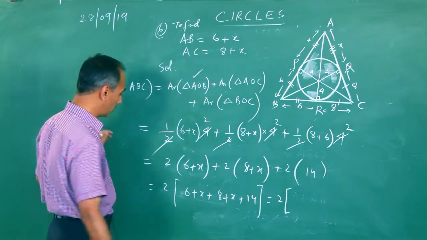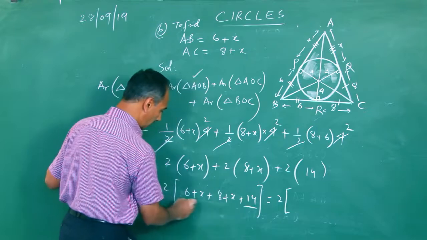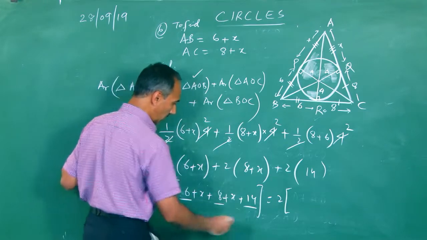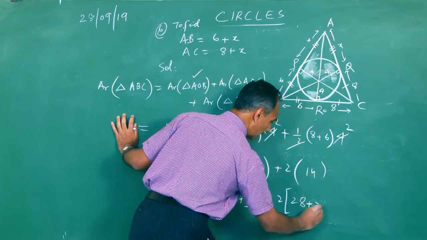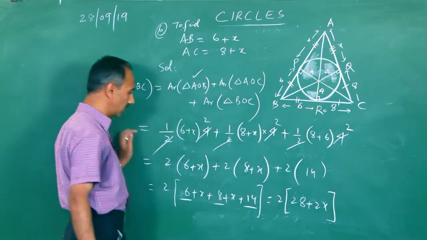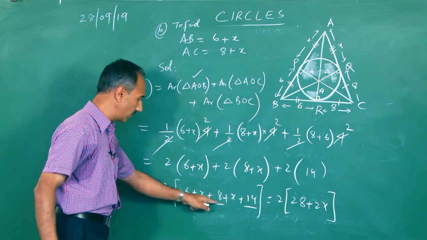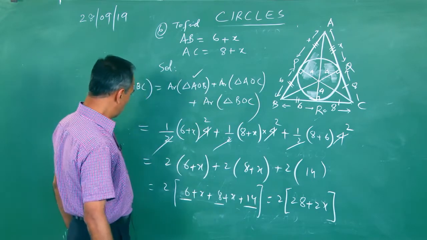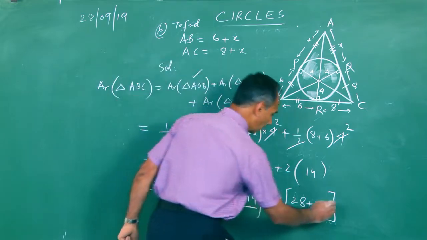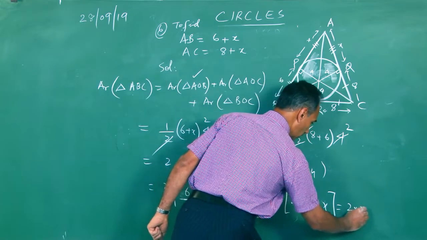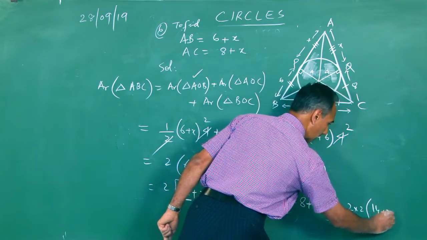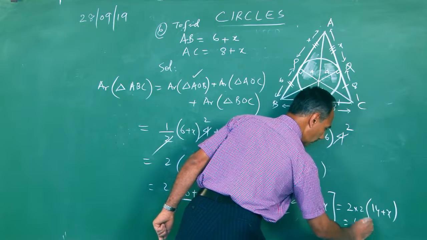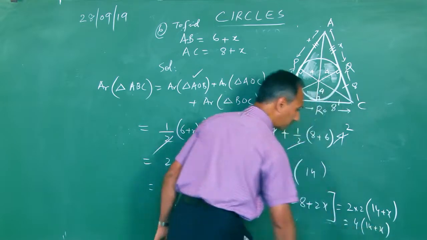This is going to be cancelled to save time. 14 plus 6 is 20 plus 8 is 28. 28 plus 2x. Okay, my dear friends? Now, I could take 2 common. So that is 14 plus x. So my right hand side is 4 times 14 plus x.